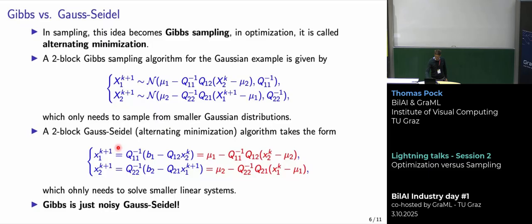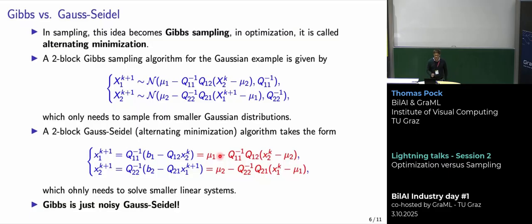In optimization, you can do exactly the same thing. It's the famous Gauss-Seidel algorithm. I guess everyone familiar with numerical linear algebra has stumbled around the Gauss-Seidel alternating minimization algorithm, and the same idea also works here. For example, when we compare now these red lines here with the mean of the Gibbs sampling algorithm, we see Gauss-Seidel is nothing else than noisy.